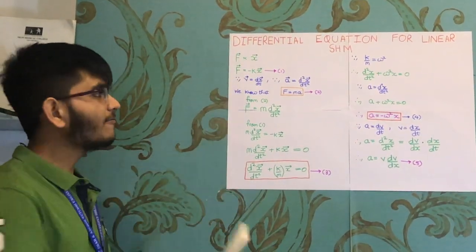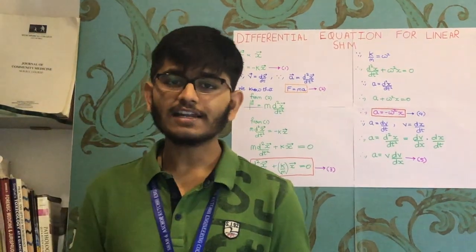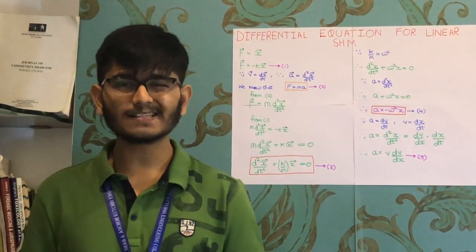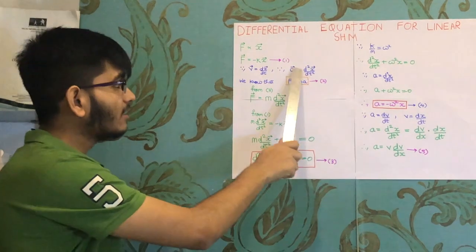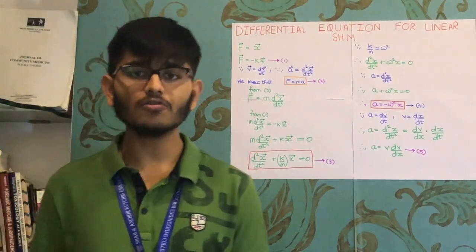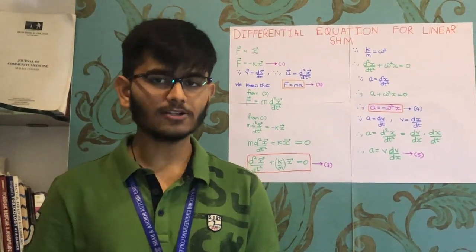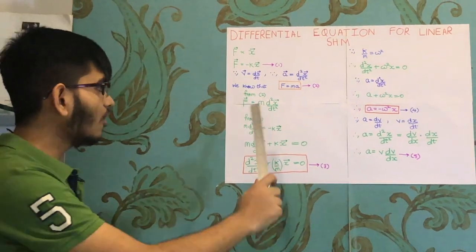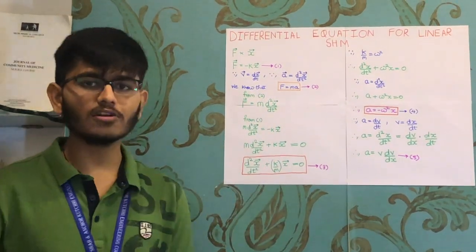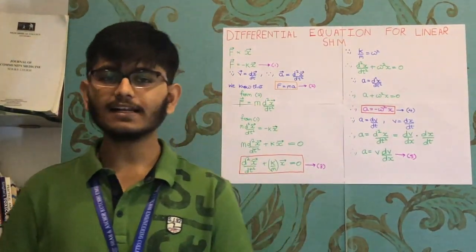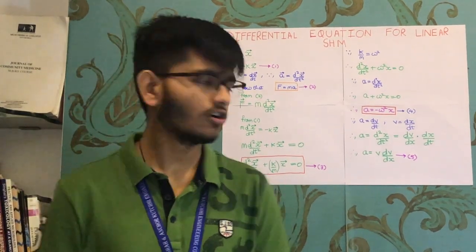We know that velocity is the derivative of displacement with respect to time and acceleration is the double derivative of displacement with respect to time. We also know that force is equal to mass into acceleration. That is Newton's second law.